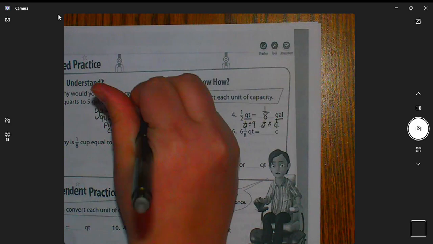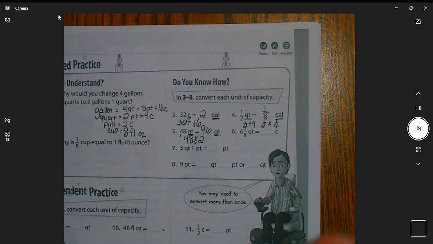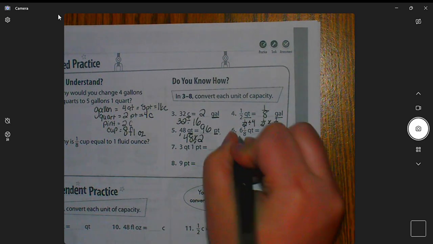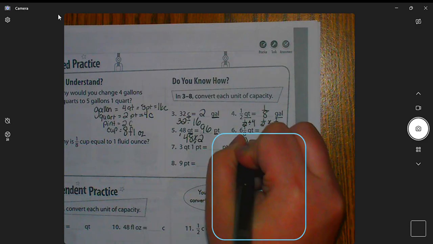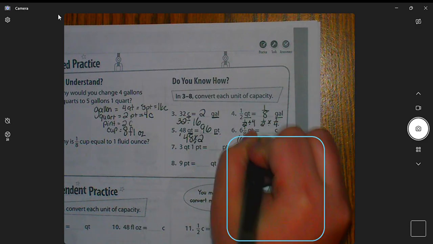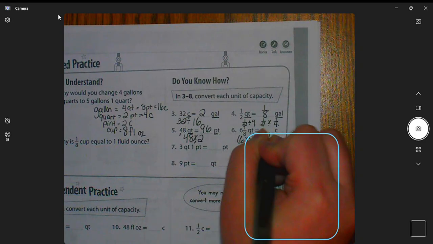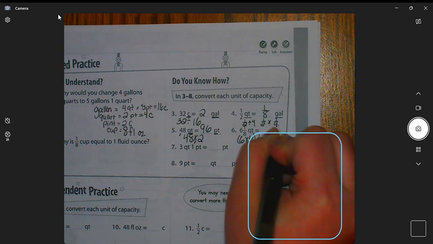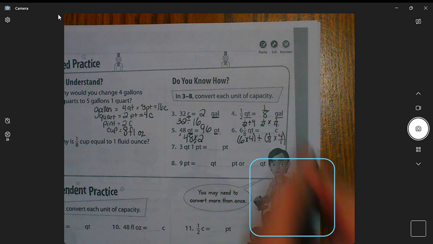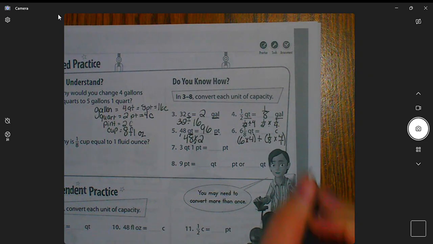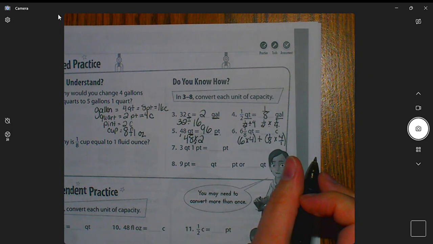That would mean it takes 4 cups to make a quart. So I can say 6 times 4 plus 1/8 times 4. And I like putting 4 over 1 because that still shows that I am multiplying by a fraction.